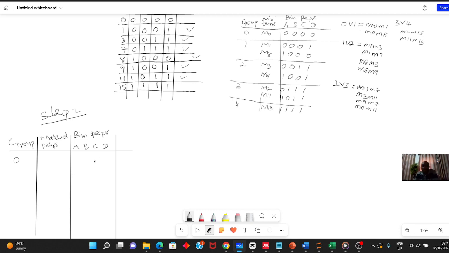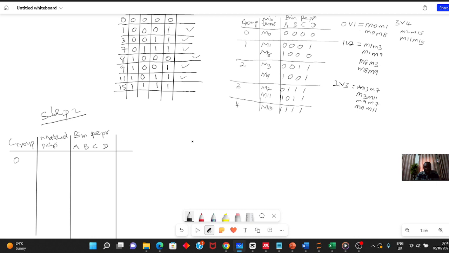Remember, in the first instance, we listed out all the match pairs when we compare the 0 group with the 1 group, then the 1 and 2 group, 2 and 3, and then 3 and 4. So in the first grouping, where we have 0 mapping with 1, we have M0, M1, and then M0 and M8.